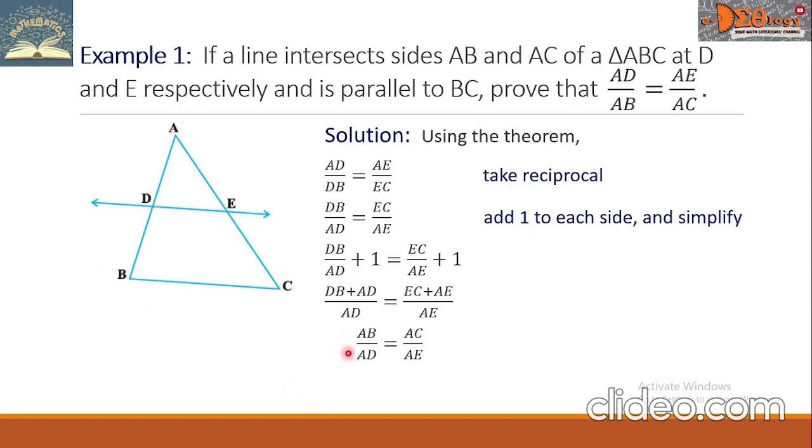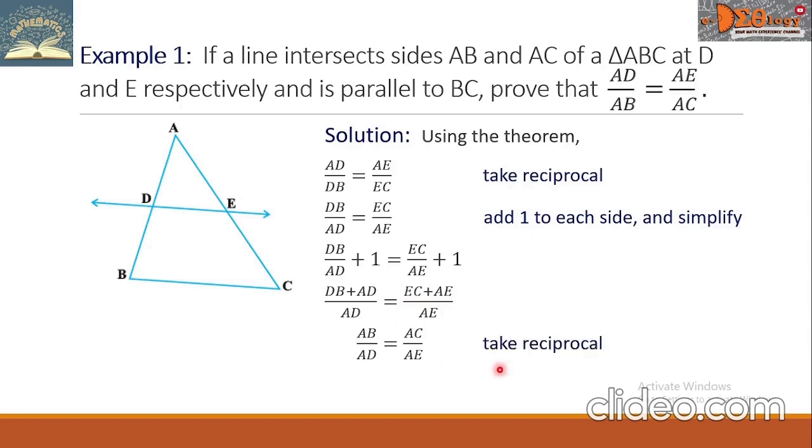So AB over the denominator AD equals the right side, EC plus AE, which we can simplify as the side AC. So we write here AC over the denominator AE.